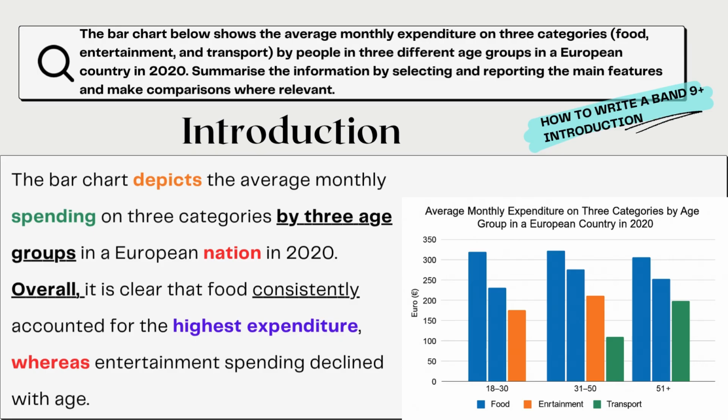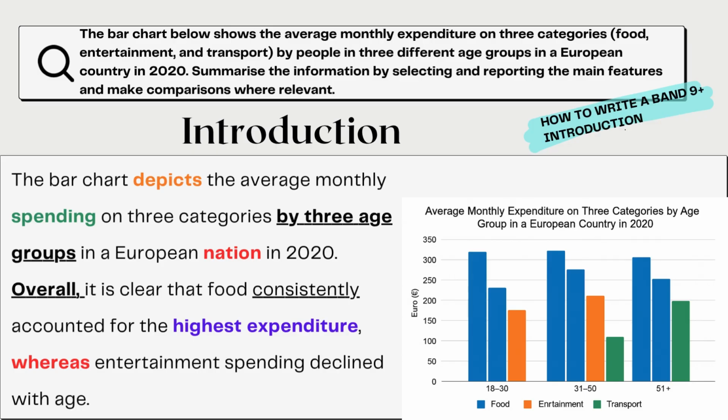From here now till 2022, we have the paraphrased version of the question, starting with the overview. Starting with overall, from here we have the overview. Overall, it is clear that food consistently accounted for the highest expenditure, whereas entertainment spending declined with age. Here I have used consistently instead of constantly.